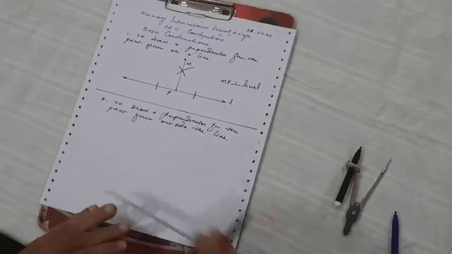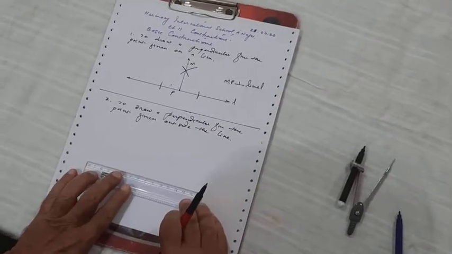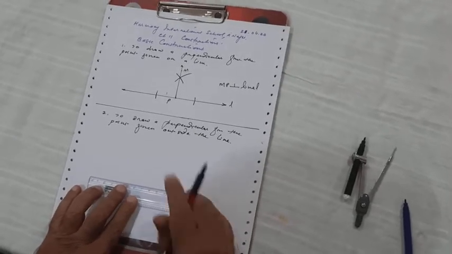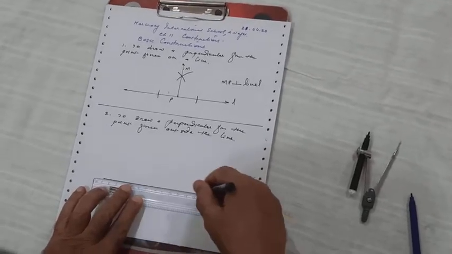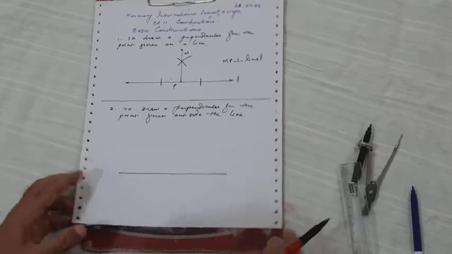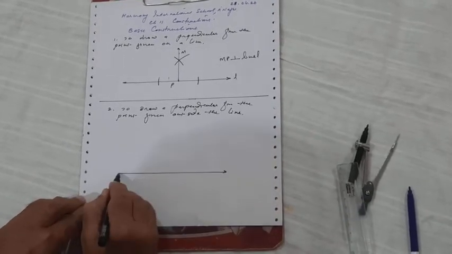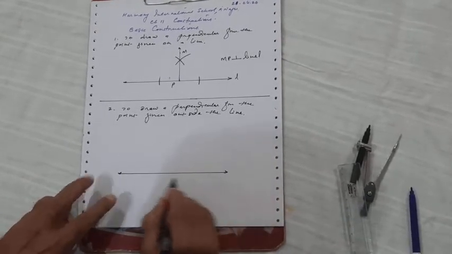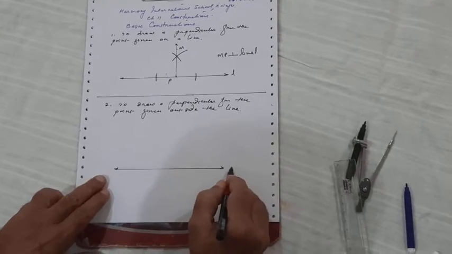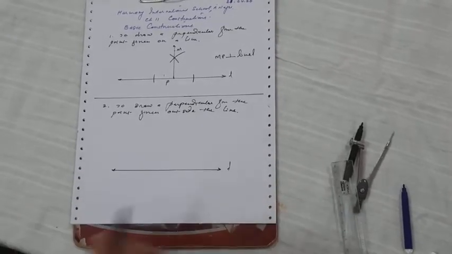Now again draw one line L. See this, draw a line L. Line should have 2 arrows, both the side arrows. So this is your line L.